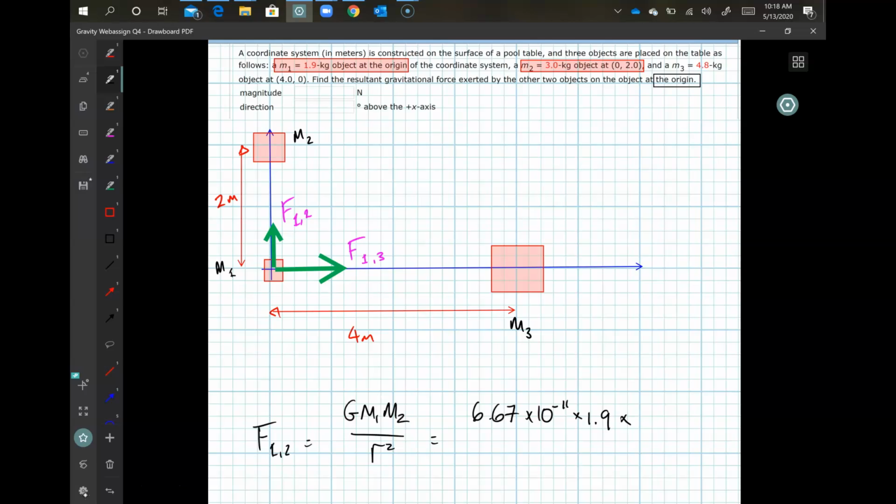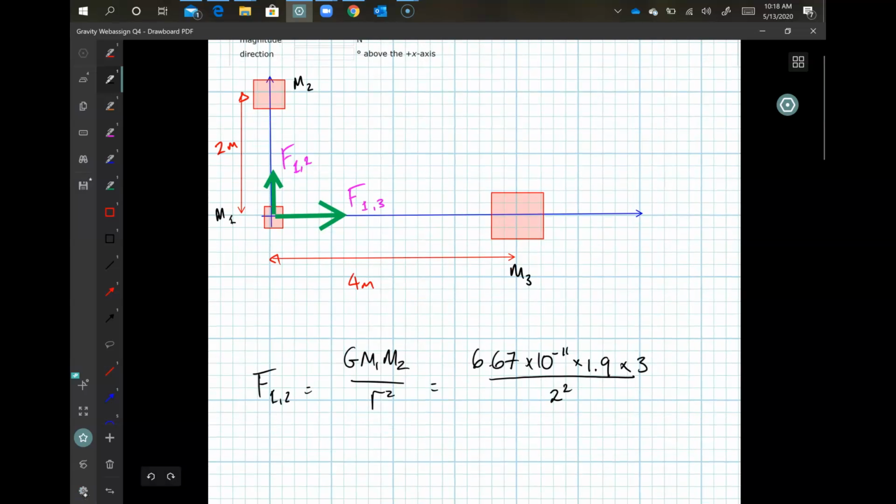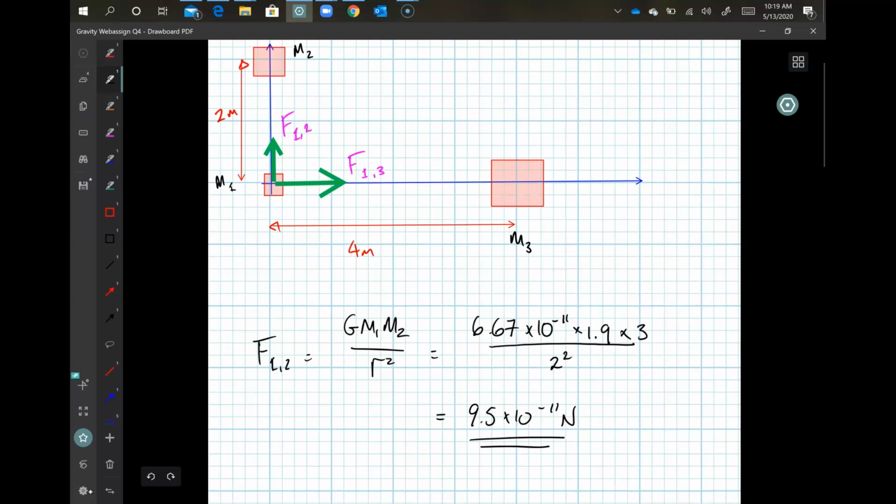Times mass 2, and mass 2 is 3 kilograms. All divided by the separation squared, and the separation is 2, so 2 squared. Alright, let me just work that one out. And that comes to 9.5 times 10 to the negative 11 newtons. It's a pretty tiny force. But then, you put some masses on a pool table a couple of meters apart, and you wouldn't really expect there to be very much gravitational force.